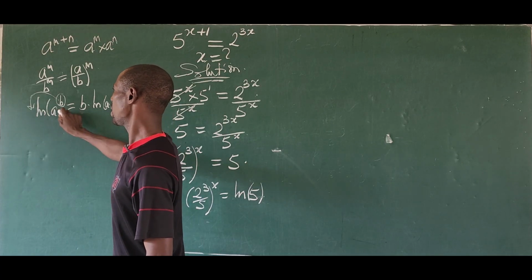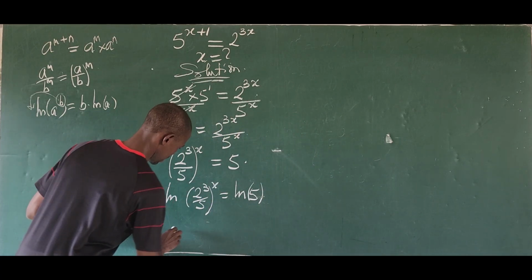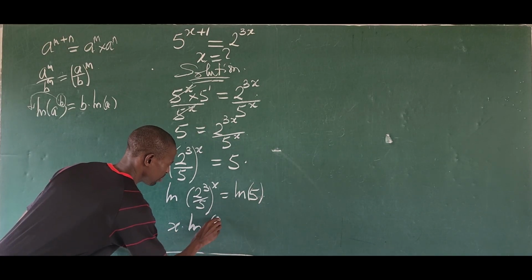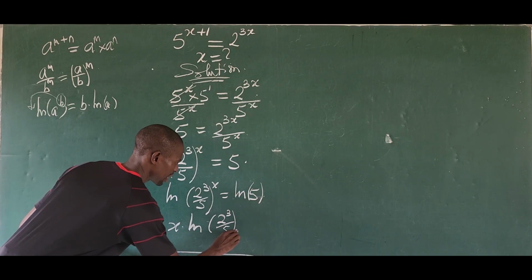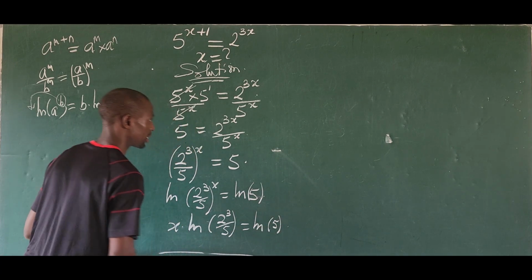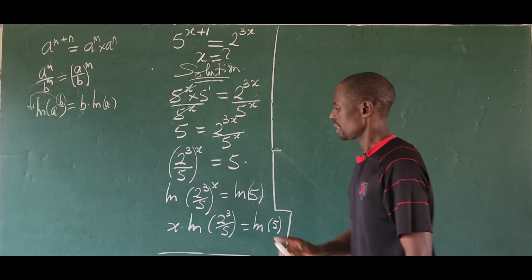With this, we can rewrite this. We want to move this exponent to the front. So we're going to have x times the ln of (2 to the power of 3 all over 5) is equal to the ln of 5. What do we do next? It's pretty easy.